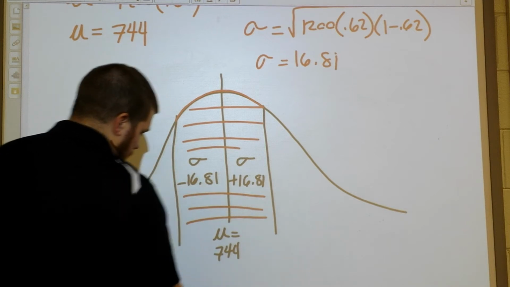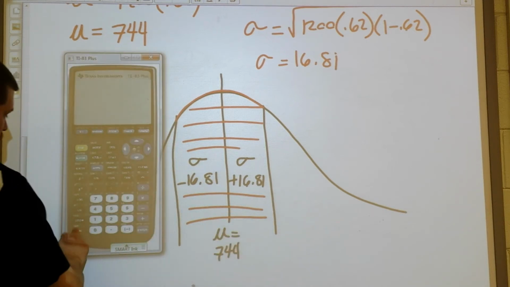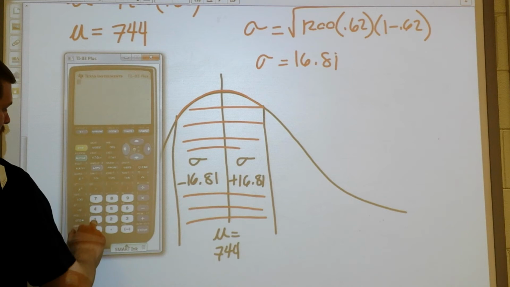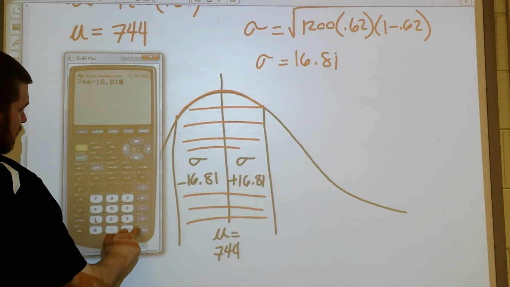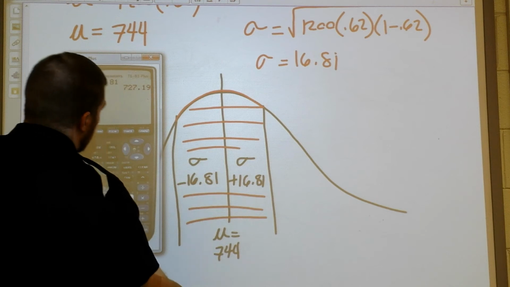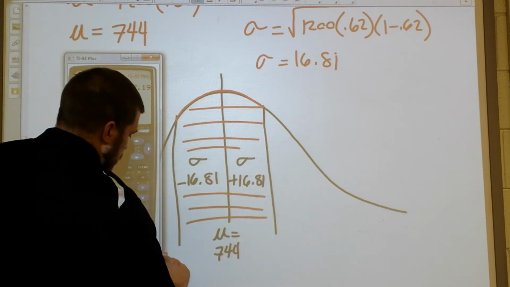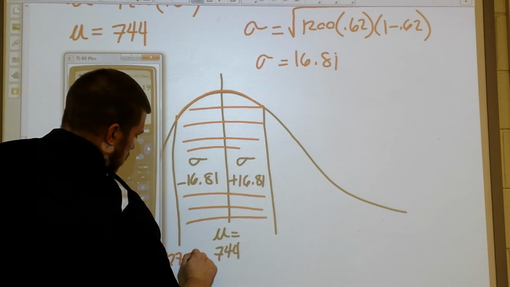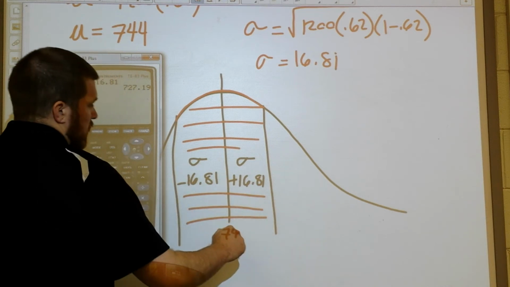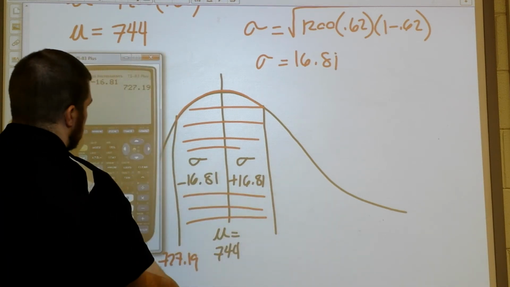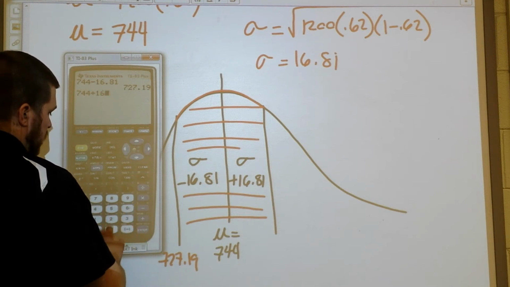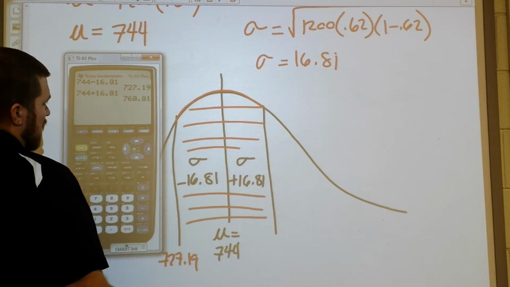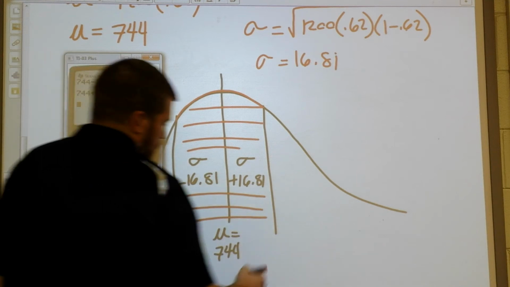So 744 minus 16.81 is 727.19. Here, if I go 744 plus 16.81, 760.81.